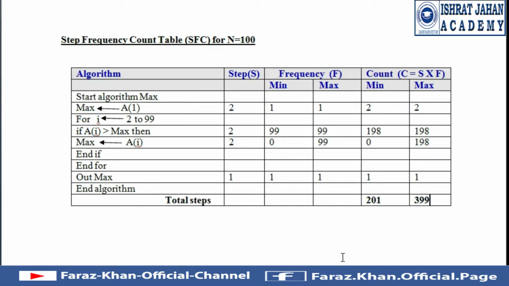So for analyzing the algorithm for finding the largest element of an array of size n equal to 100, it will take 201 steps in minimum and 399 steps in maximum. Got it? Let's move on.